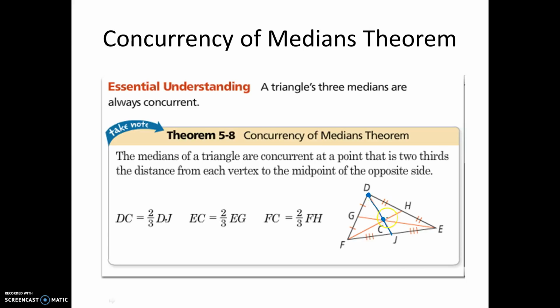So the centroid cuts a median so that there's a piece that's 2/3 of the whole piece and then a piece that's 1/3 of the entire median. So if I wanted to, I could split it like this. So we've got 1/3, here's another third, and then a third.